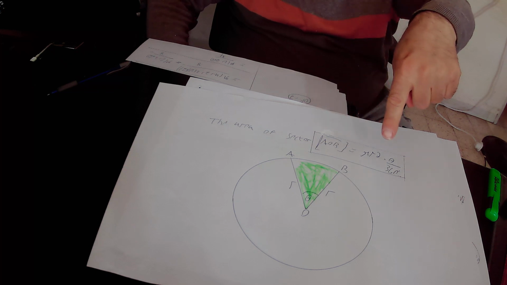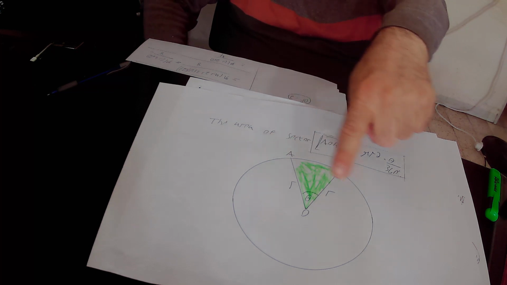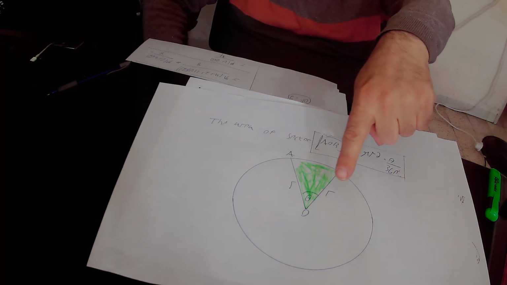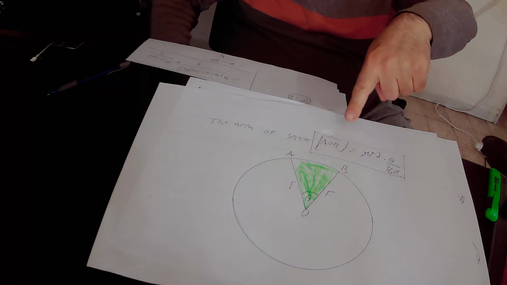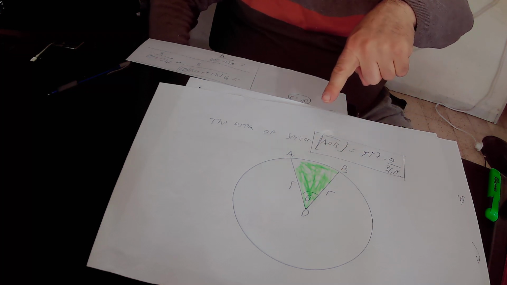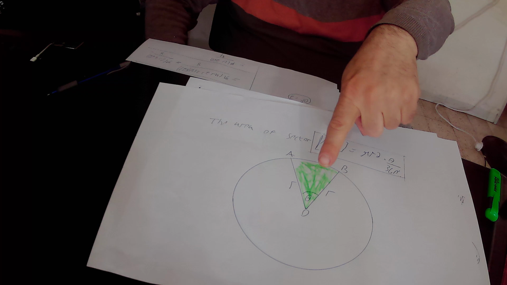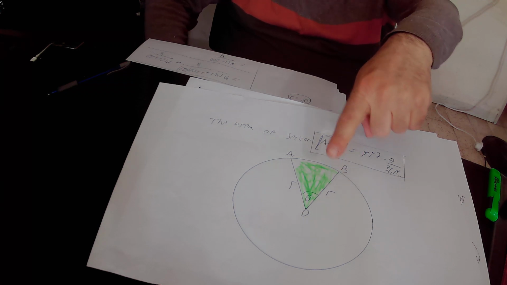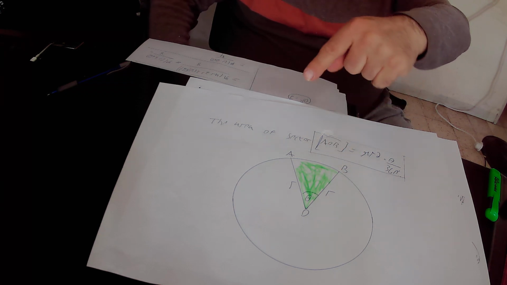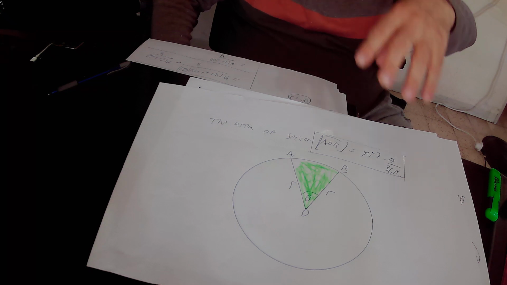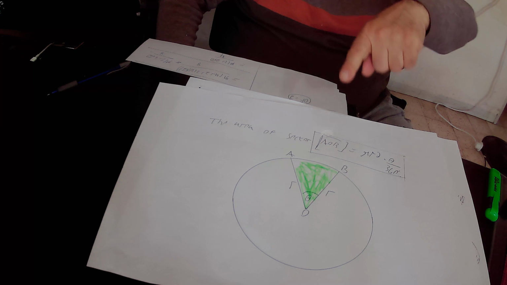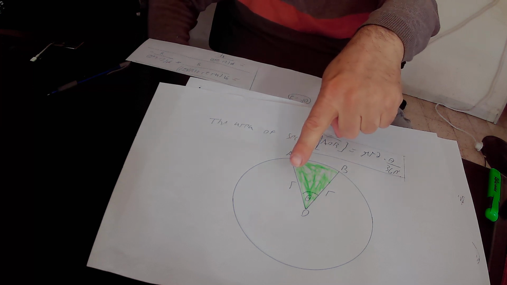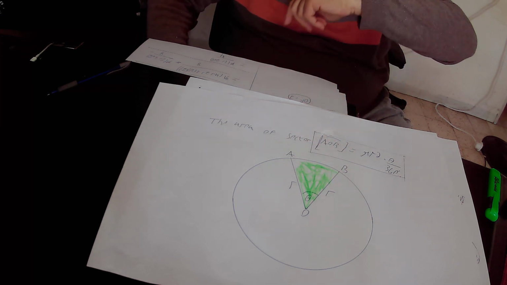So if the circle itself is the cake, then the sector AOB is one slice of the cake. The sector AOB consists of 2 legs. The first leg is AO and the second leg is BO. Both of those 2 legs of sector AOB are radii of the circle, equal to r. And the angle theta is the angle between the legs of this sector, the sector AOB.